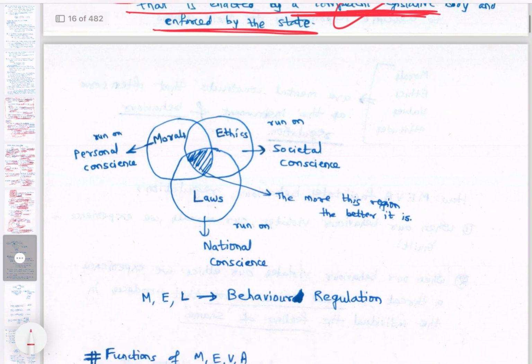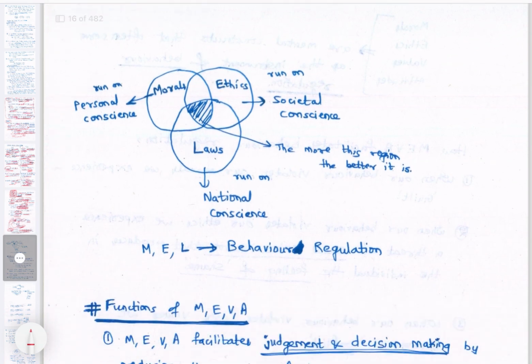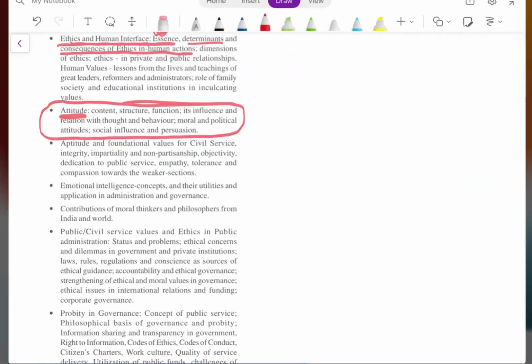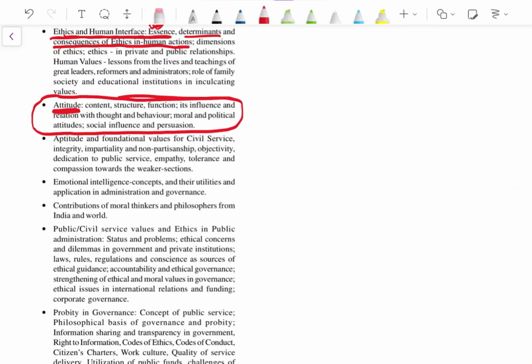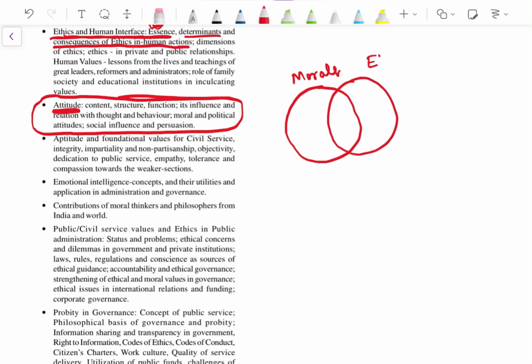Now let's see the connection between morals, ethics and laws. Yesterday also we discussed this. There will be some commonality between morals and ethics, because what you consider right, the entire society may also consider right.